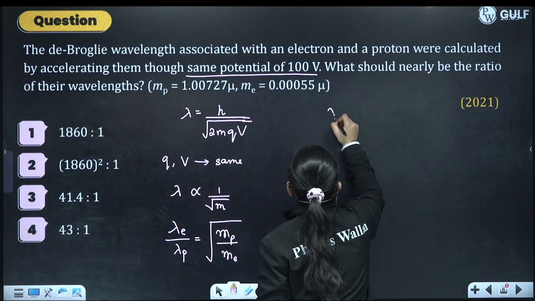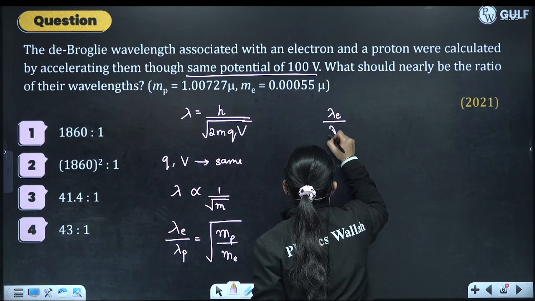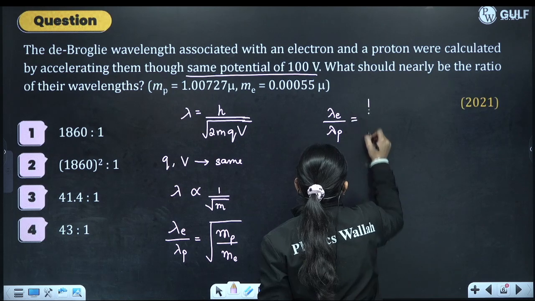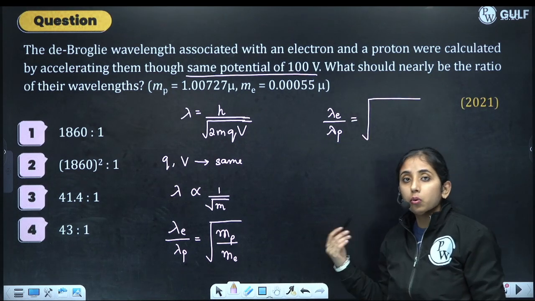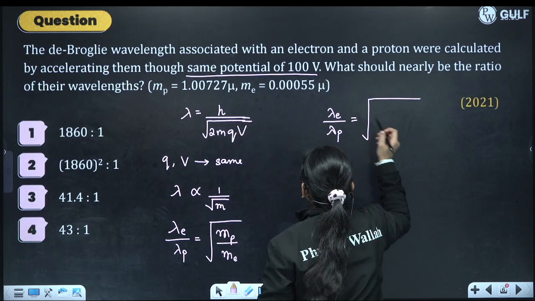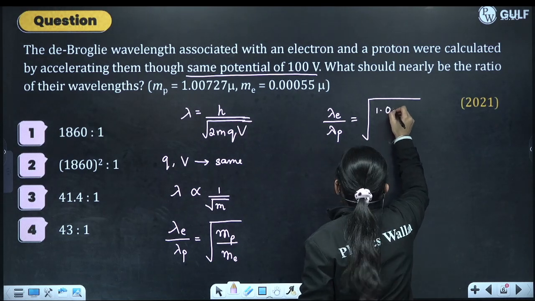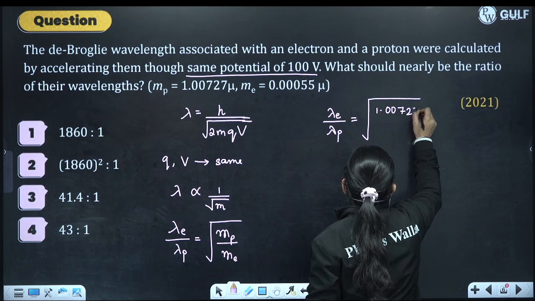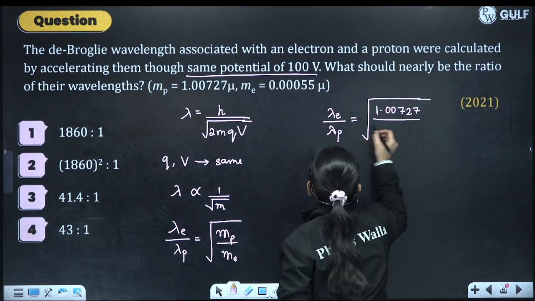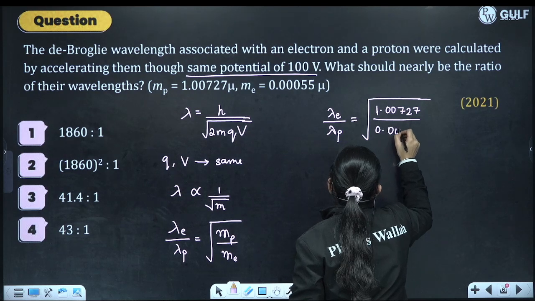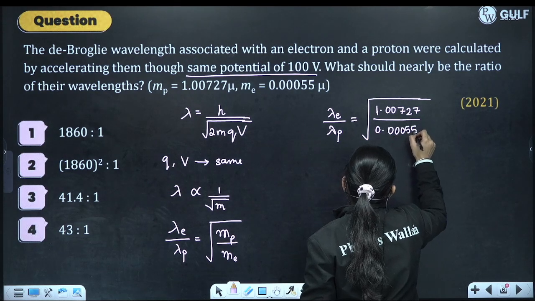Now we know how much heavier a proton is than electron, so you can directly substitute the values. If you don't remember it, you can use these values as well: 1.00727 divided by 0.00055.